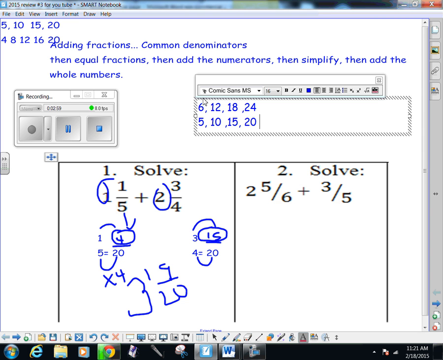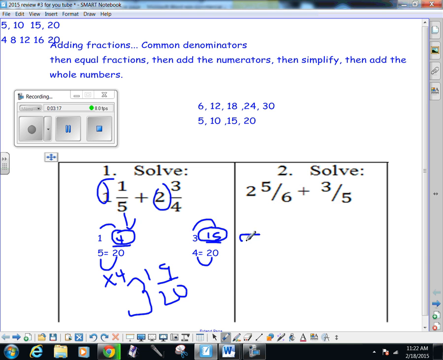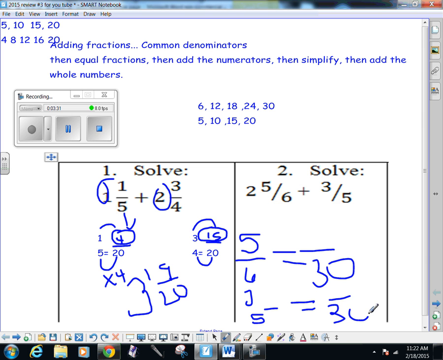So if I look at both of these lists, I see I have nothing in common, so I continue with my 6's, and my next one is 30, and here, oh wait, I know 30 is going to be my number, so I put my 30 down here, and so I'm looking at 5/6, and I want to know how many 30ths that is. And then I've got 3/5, and I want to know how many 30ths that is.